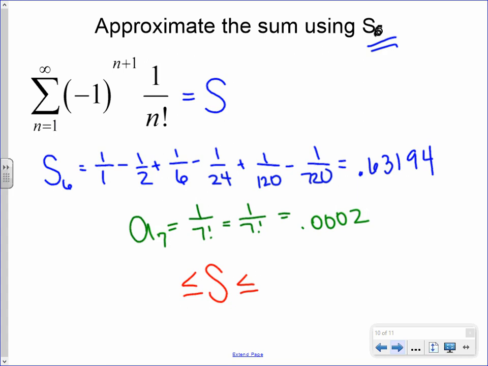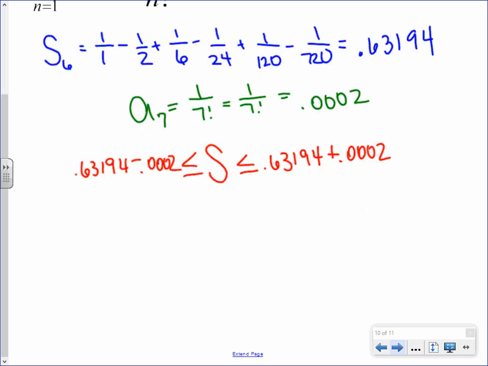So the sum is in between the 6th partial sum plus the 7th term and the 6th partial sum minus the 7th term. This reminds you of staff? Except this difference is consistent.